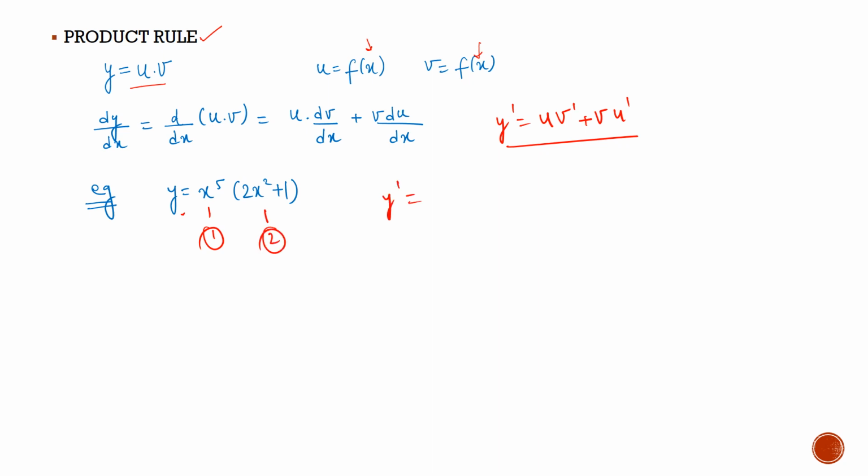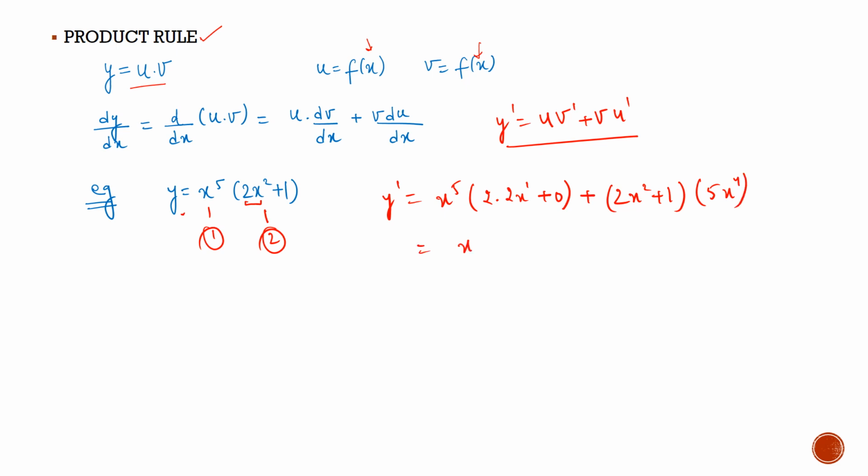We have y dash as the first function as it is. Now the differentiation of 2x square plus 1. This is the power rule, the extended form, or basically the power rule multiplied with the constant. So it is 2 as it is, 2x to the power 1, plus the derivative of the constant is 0, plus the second function as it is, that is 2x square plus 1, the first one's differentiation, which is the power rule, 5x to the power 4.